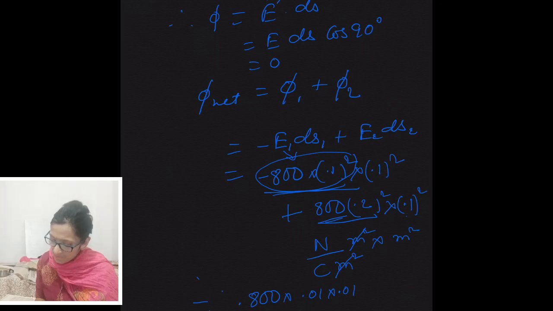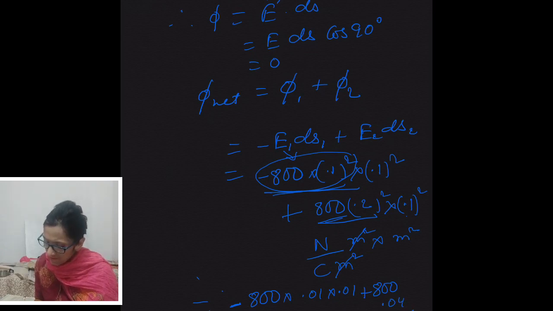0.800 into 0.01 into 0.01 plus, this is minus 800, this plus 800 into 0.04 into 0.01, so this becomes equal to minus 800 divided by this much, and this becomes equal to 800 into 4, okay, square of it, no?